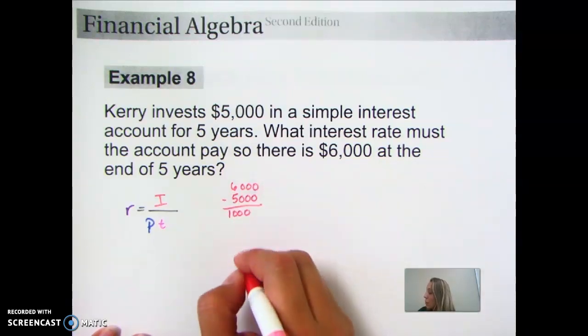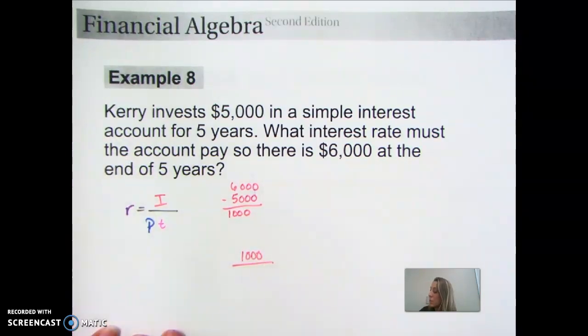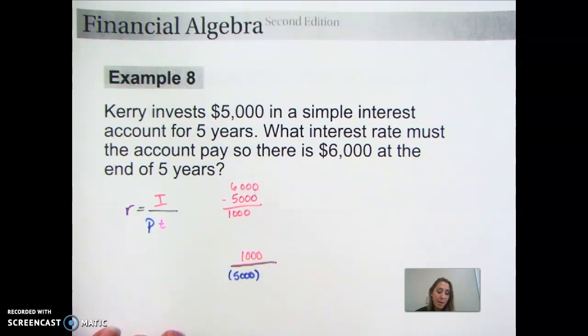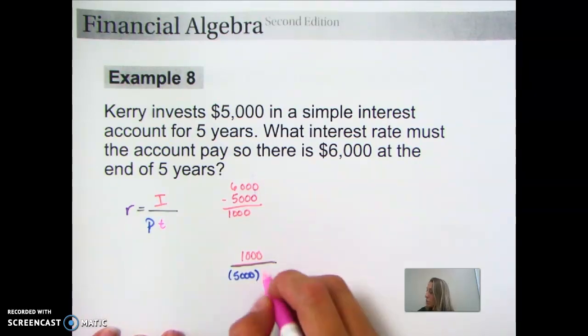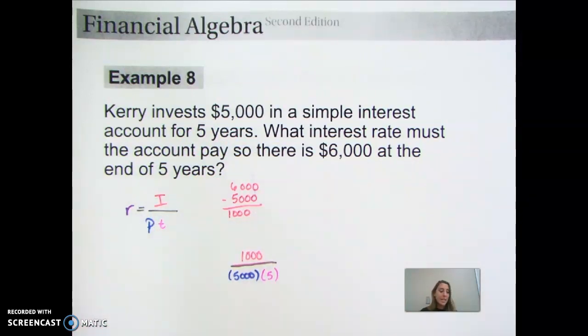So I'm going to have 1,000 over my P, which was my original amount, which was 5,000. Then I'm going to multiply that by my time, which is 5 years. And then I'm going to get an answer.